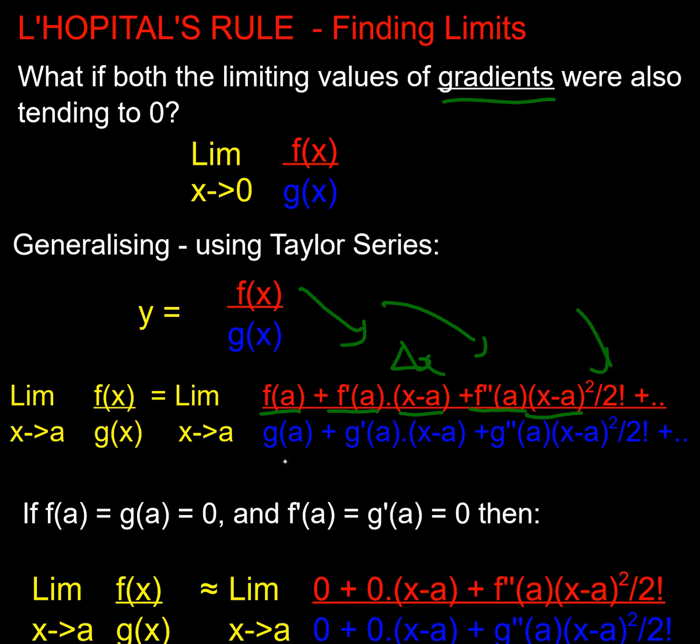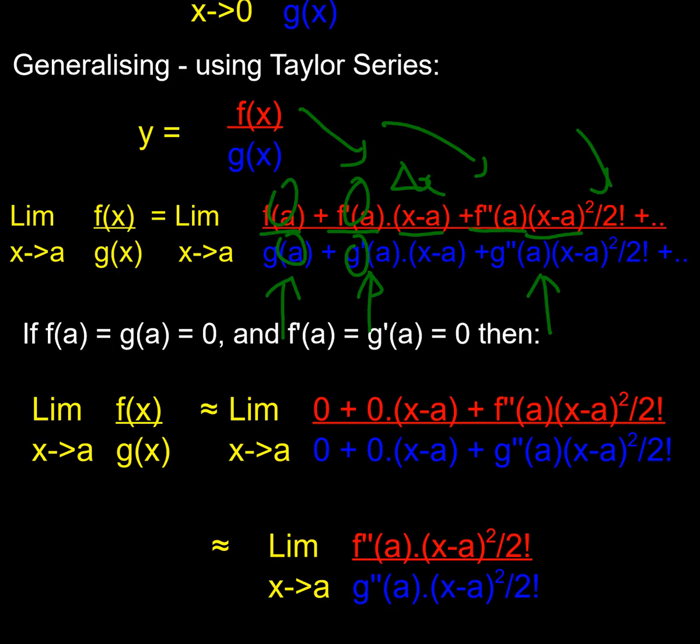I've got the same setup for the g's at the bottom. Now, if my initial values are 0 and my gradients are 0, then my first two terms are going to be 0 here and 0 there, same on the bottom. So basically I can ignore those as zeros. I'm just left with the third terms.